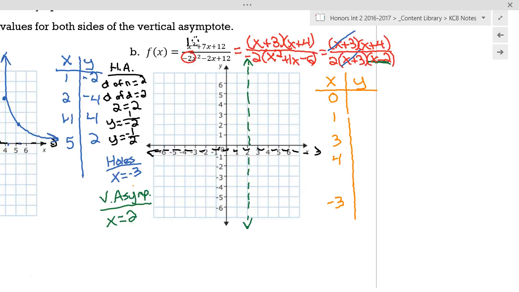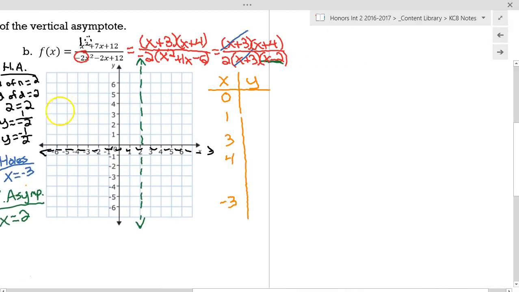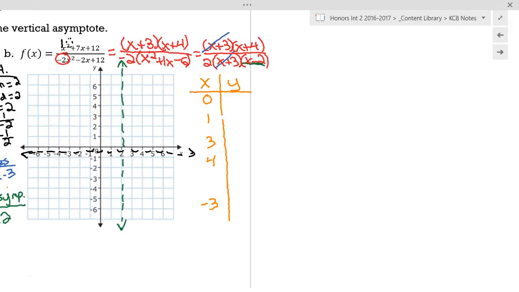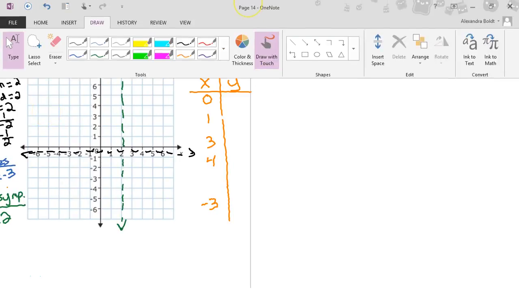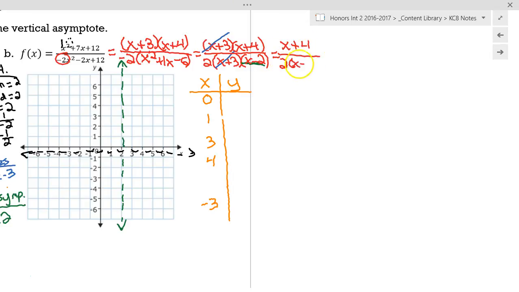Now, when I plug in, I am only going to plug into my reduced function. By that, I mean I'm going to plug into x plus 4 over negative 2 times x minus 2. X plus 3 is gone. Cross it out. Okay?